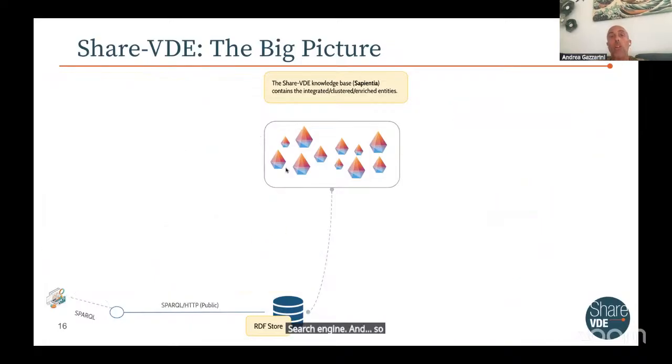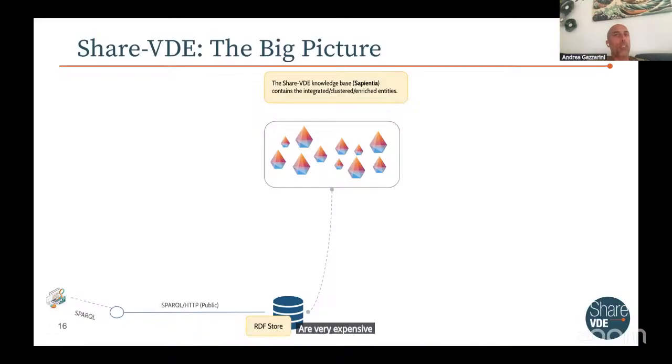So our presentation is about the third part, which is related to the RDF store. We tried to avoid the RDF store altogether because scalable solutions in terms of RDF store are very expensive.